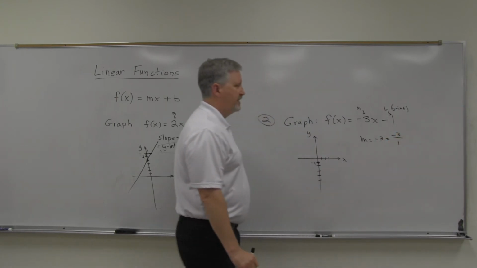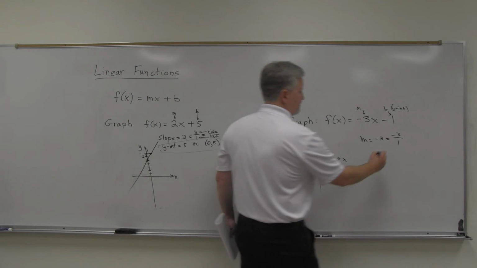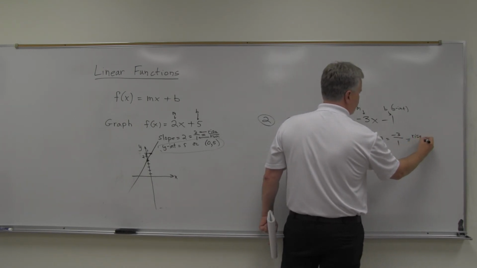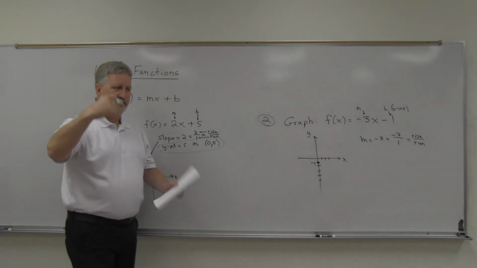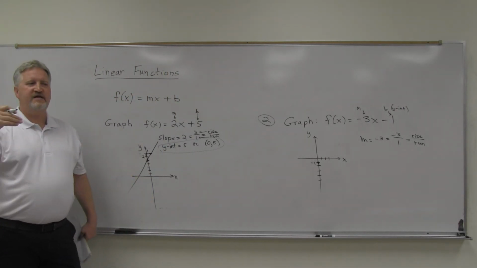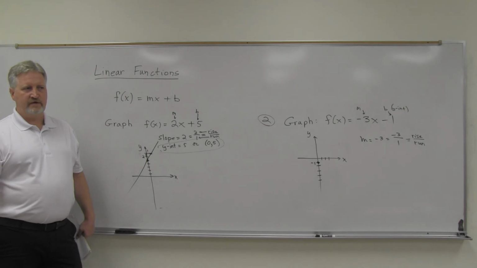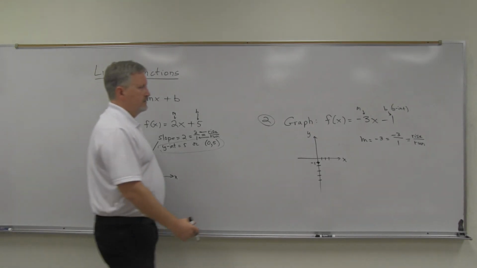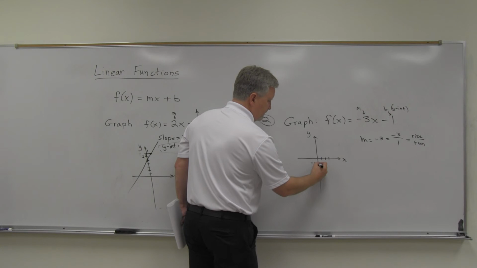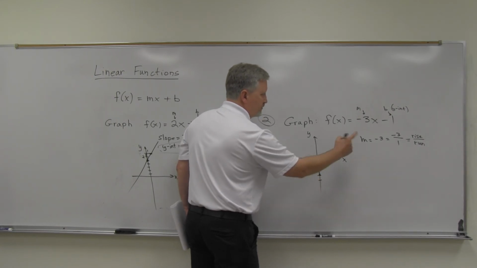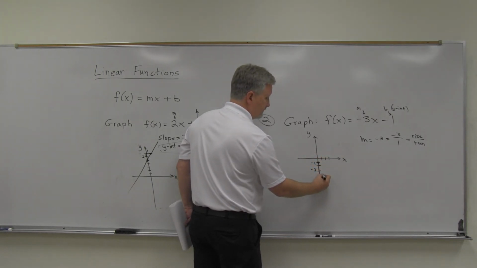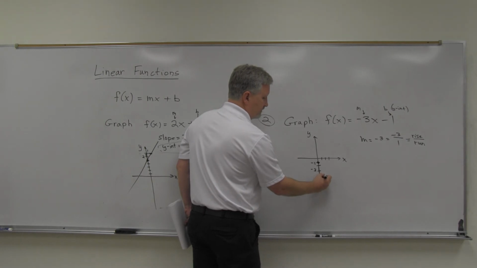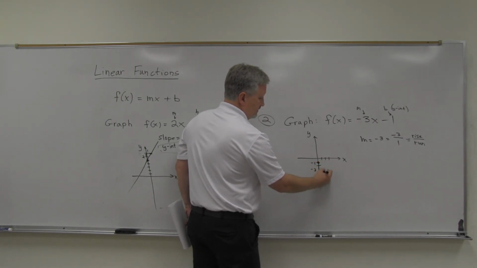I want to write it as a fraction, which tells me my rise to run. So in this particular case, if I do negative 3 over positive 1, I'm going to rise negative 3 and run positive 1. Which means, all right, I rise negative 3, which means down 3, right? 1, 2, 3. And then run 1, that's positive 1. So I'd run this way. You get another point. So it's right there, underneath 1, negative 4.